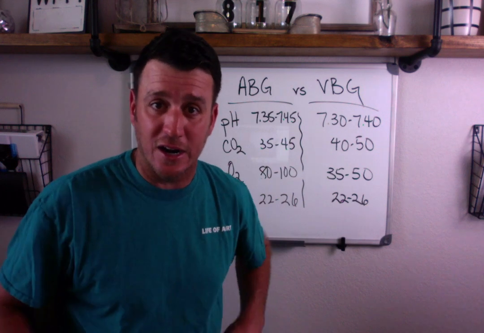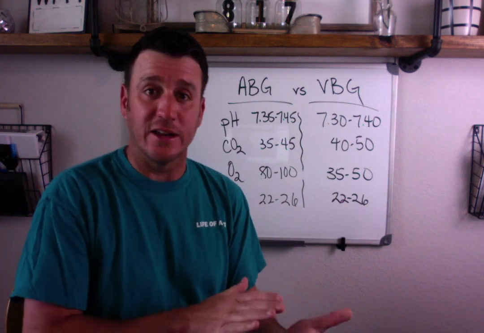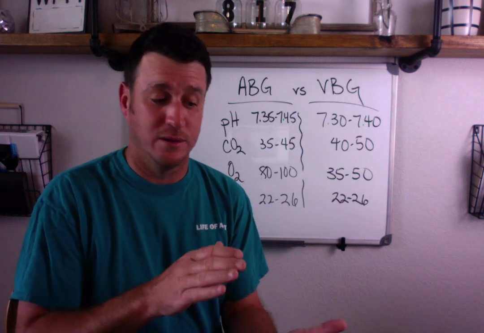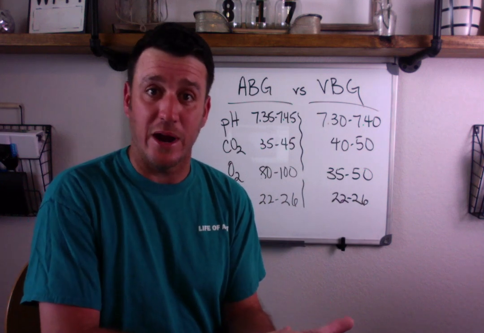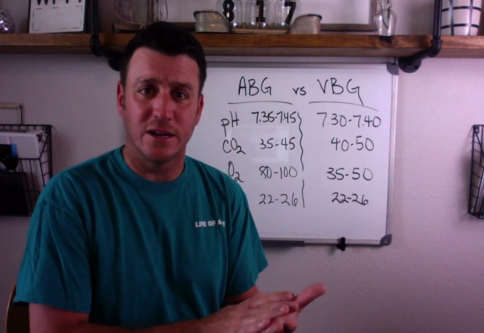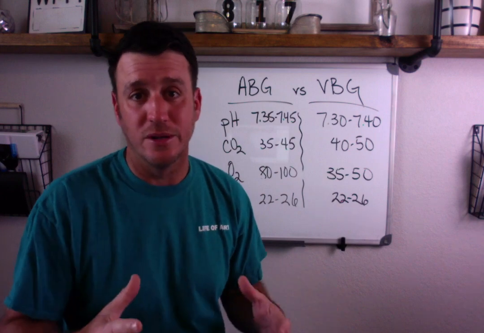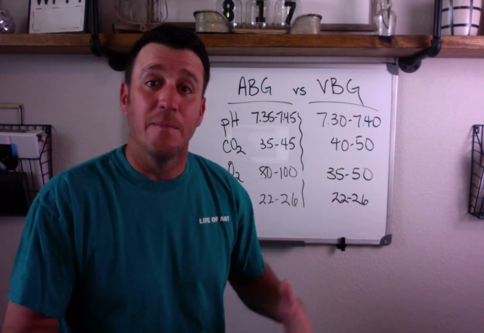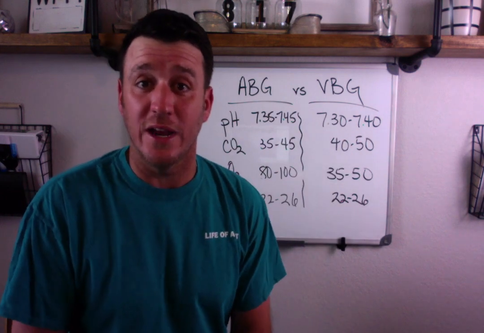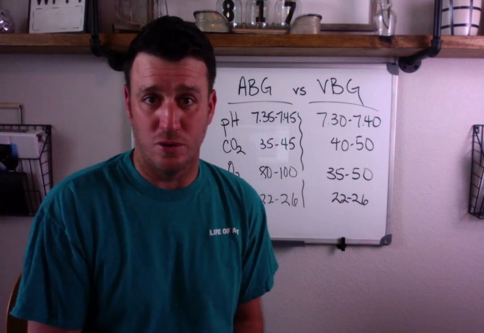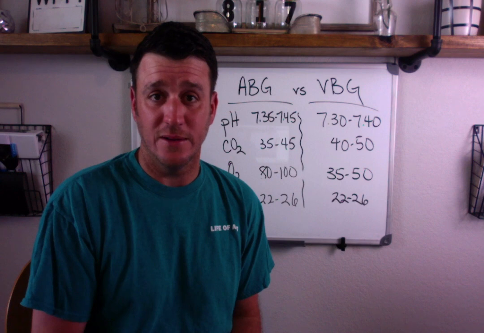Okay? If you're going to carry around a calculator and Henderson-Hasselbalch every single thing, then good for you. But that's not typically the practice, okay? I don't need a calculator to tell me what my pH is going to be. I can pretty much look at it and assess and go, okay, my venous blood gas is within normal range, which tells me my arterial blood gas is probably going to be in normal range, okay?